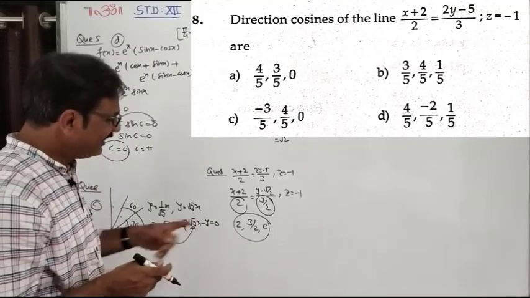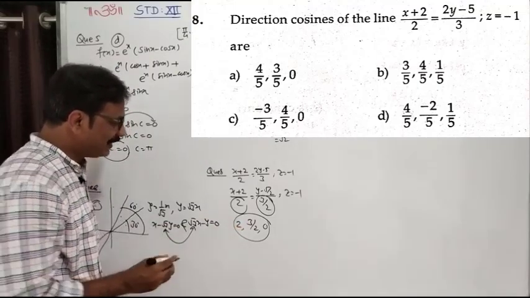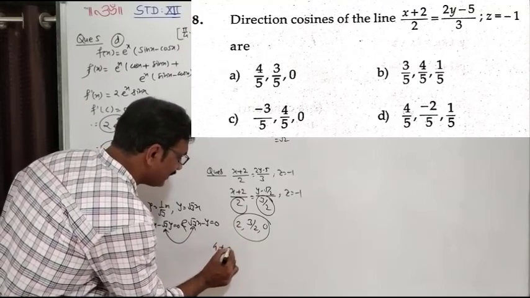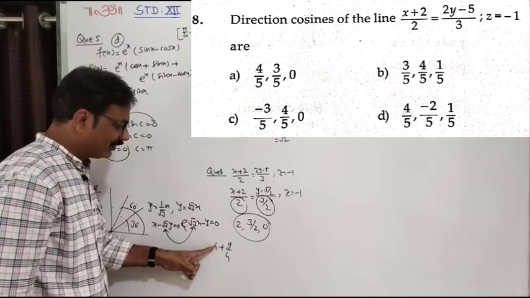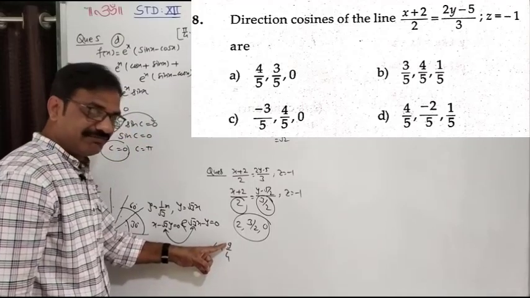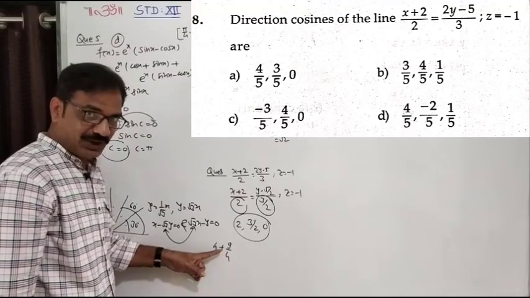How is it? Take the squares of these. 2 square is 4 plus the square of this is 9/4. 4 into 4 is 16 plus 9 is 25 upon 4, that is 5/2 under root of that.